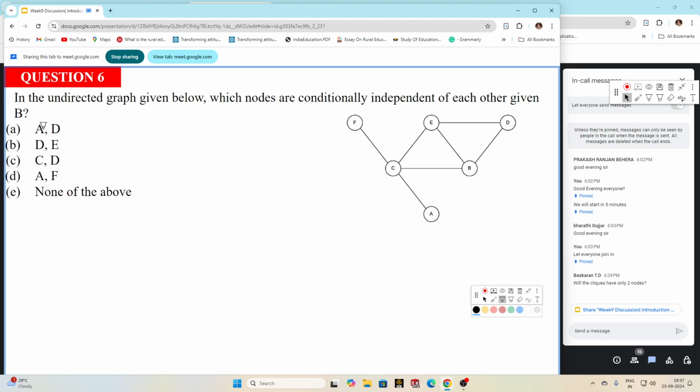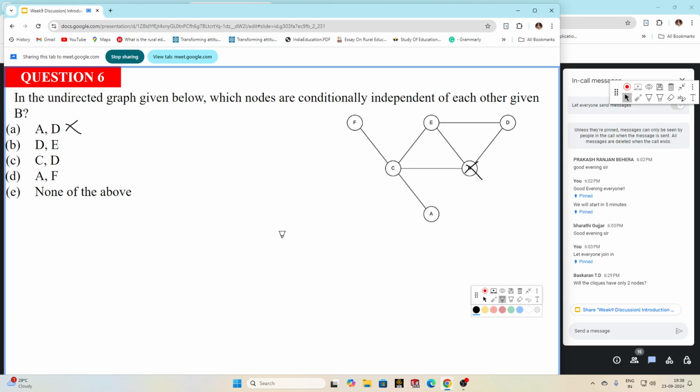Let's talk about A and D. This is A and this is D, and we are blocking B. Even if we block B, this path can be traveled: A to C, C to E, and E to D. So A and D are not independent. This is false. A and D are dependent because the path can be traveled.